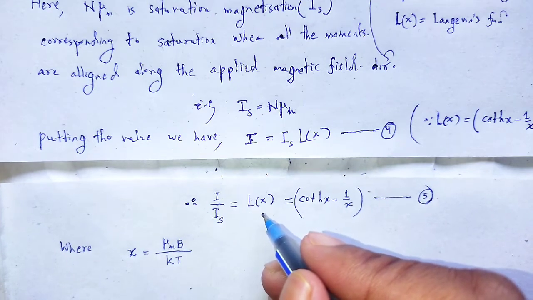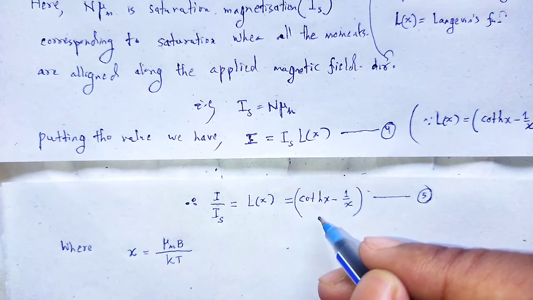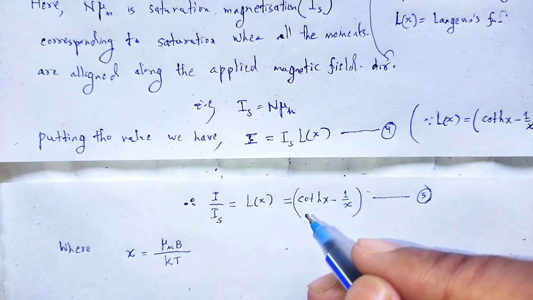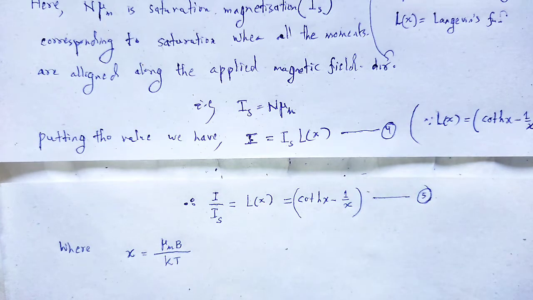You can refer to this as Langevin's theory in paramagnetism.